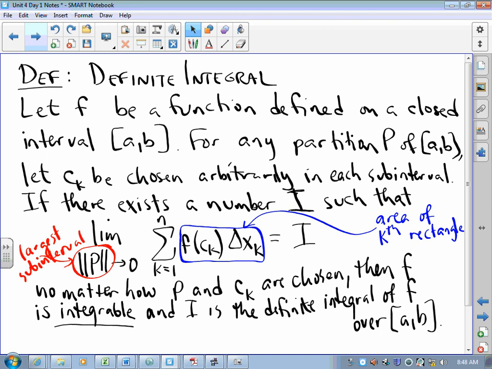If we get thinner and thinner rectangles and add up more and more of their areas, and those sums get closer and closer to some number I, then that I is the definite integral.